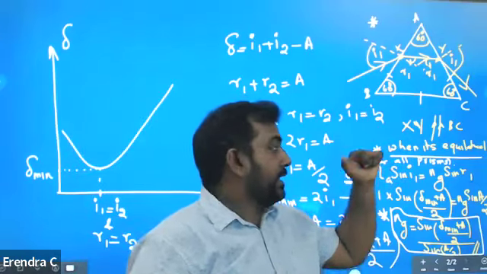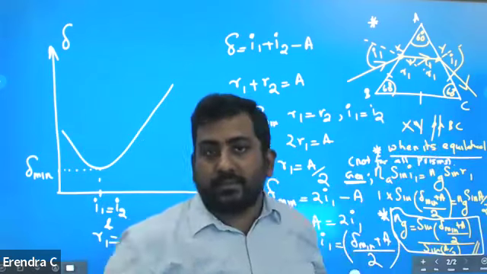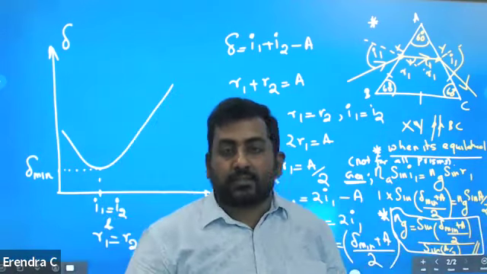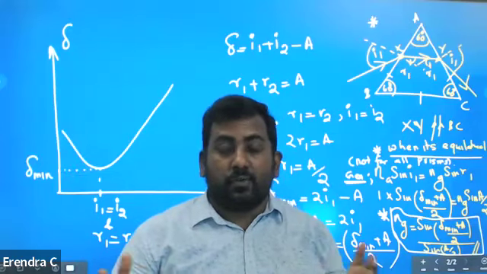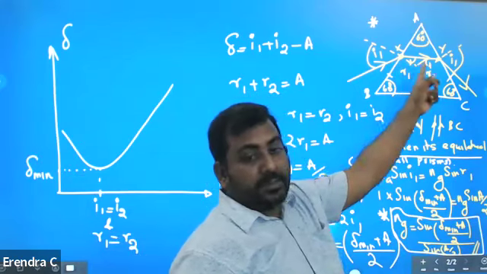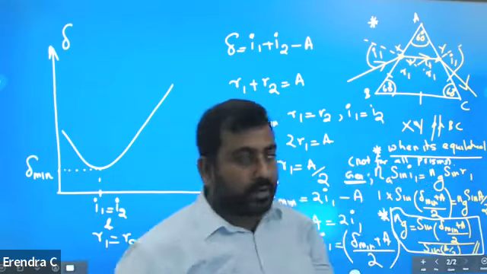But this is not a necessary condition for all prisms. So it doesn't need to be like this for all prisms. For an equilateral prism, the light ray refracted inside the prism is parallel to the base, not for all prisms.